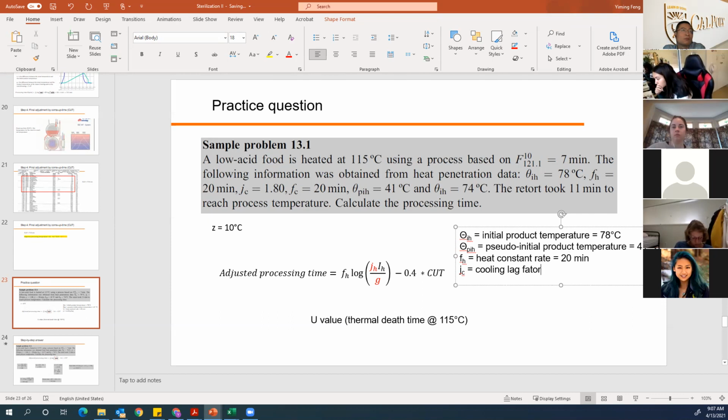What was our initial retort temperature? Actually, the initial retort temperature is typically not used in the equation. Normally I would say it's starting at room temperature, because before heating, the retort temperature should be room temperature, right?